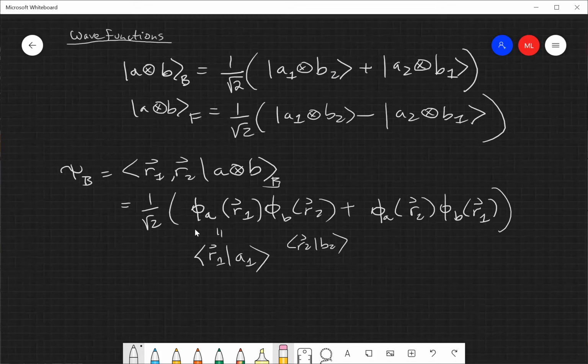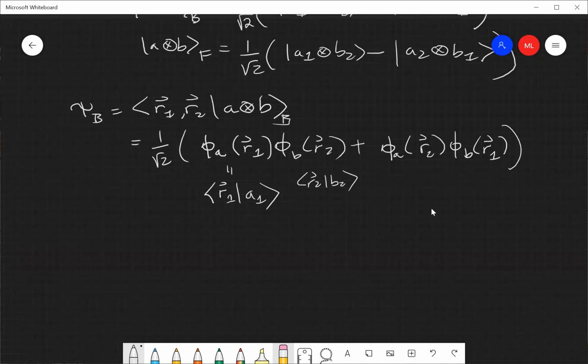So this is what you would get. Particle 1 is in state A, so that's the wave function associated with state A for the particle 1 coordinate. This is state B for the particle 2 coordinate, and vice versa. Now particle 2 is in state A and particle 1 is in state B. And you see, it doesn't matter which ones you label 1 and 2. If you exchange the labels, you get back the same wave function.